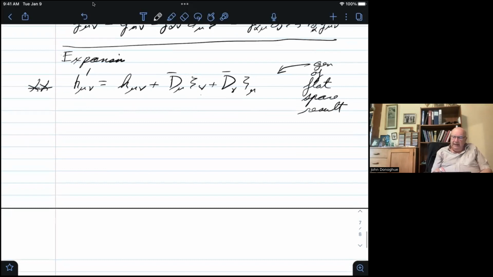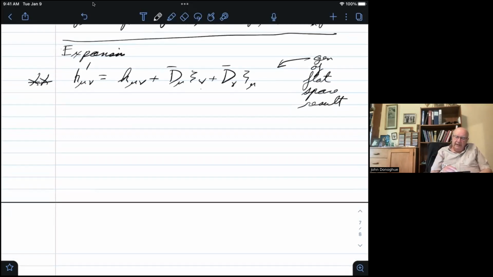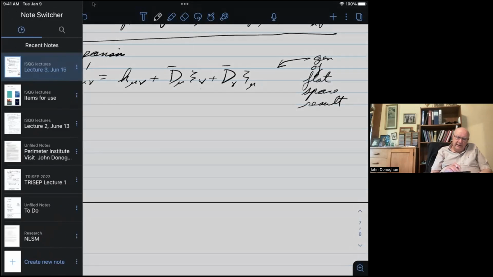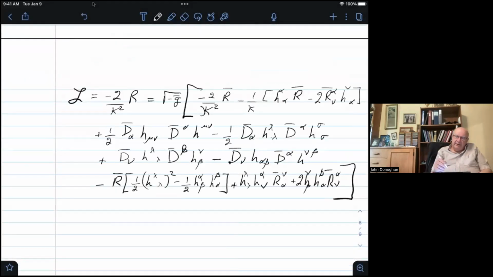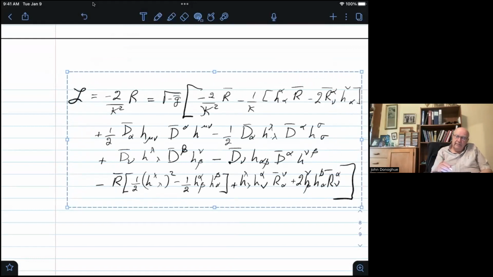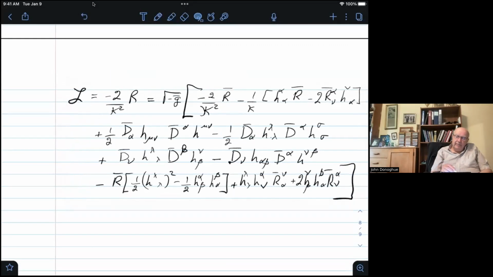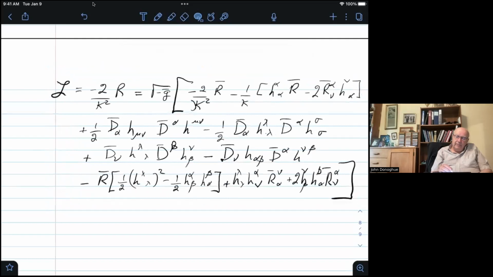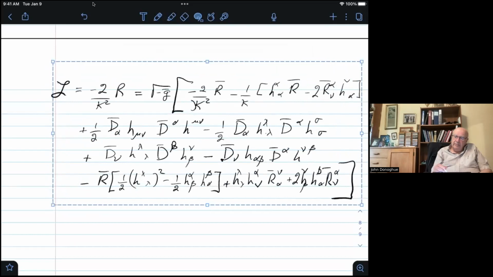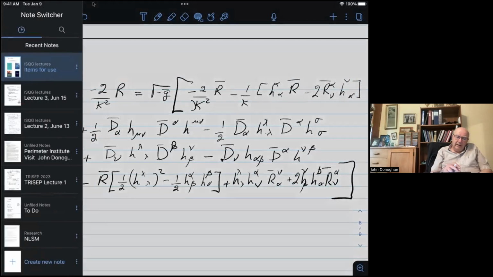Okay. So, bunch of algebra. At this stage, I'm just going to give you the result. I'm going to copy the result and paste it in here.